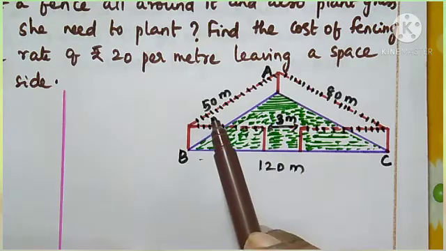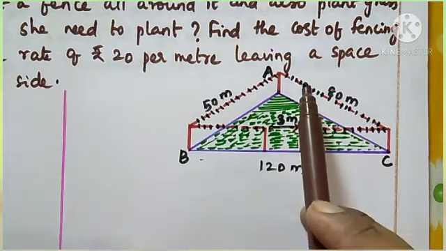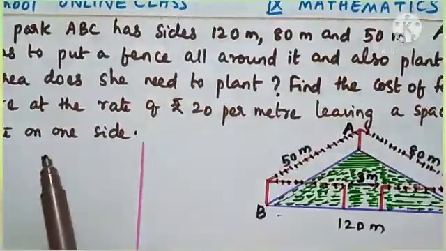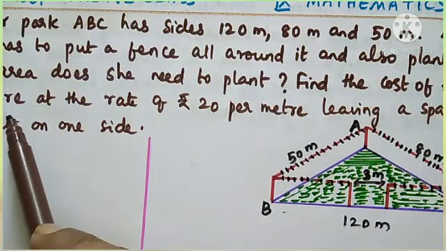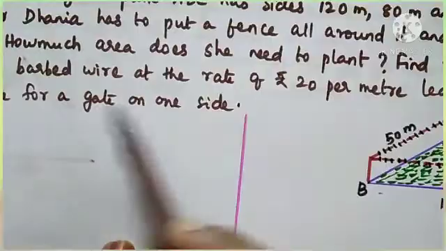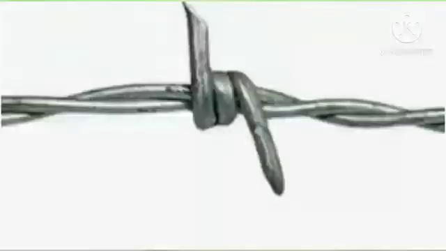And it is also given that she is going to make a fence with barbed wire. Do you know barbed wire? What is that barbed wire, children? Barbed wire is used for fencing. You might have seen the pictures now. Yes.